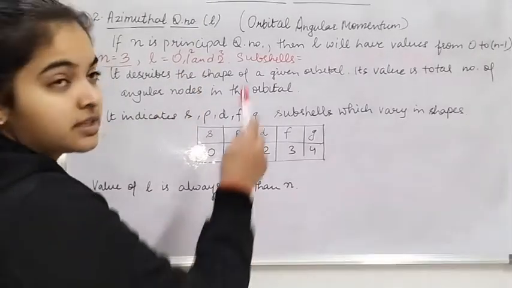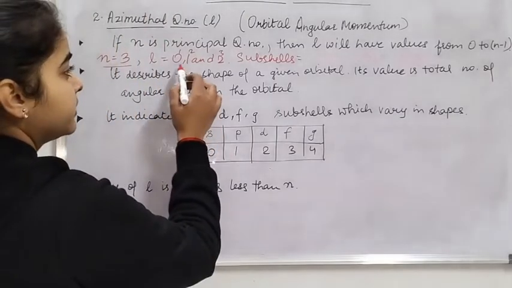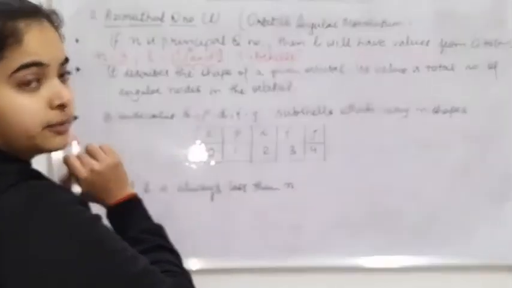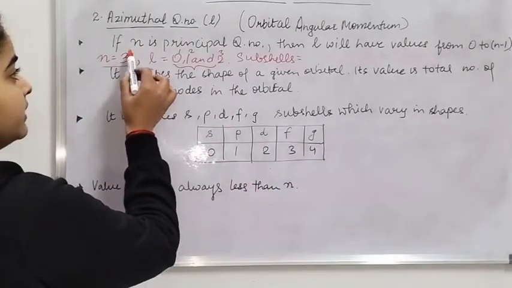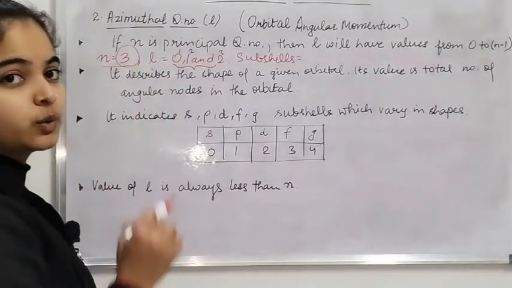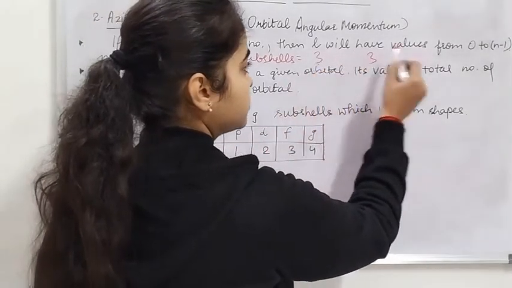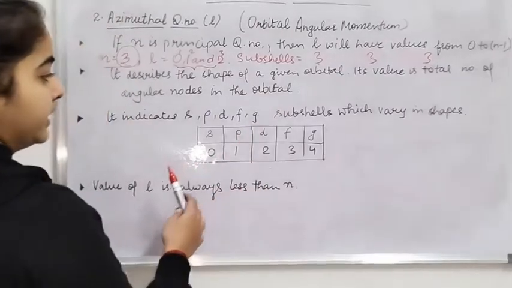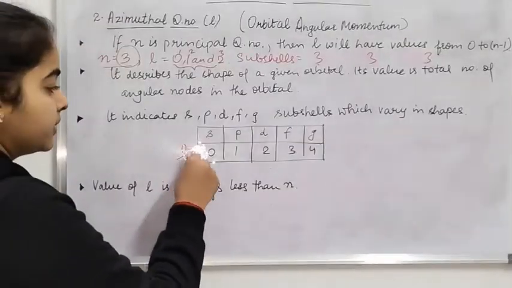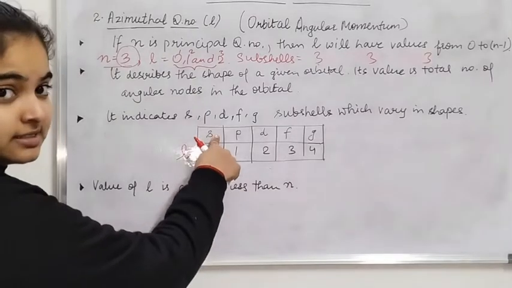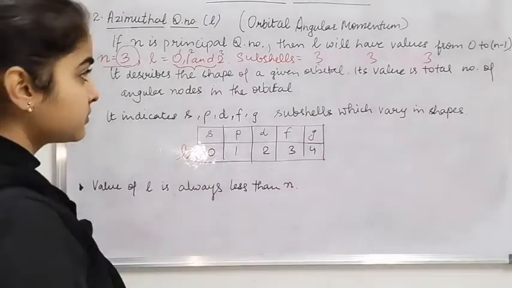And how to find the subshells? Here are 3 values of azimuthal quantum number, 0, 1 and 2. So write down principal quantum number 3 three times, and the value of azimuthal quantum number 0 is against letter S, 1 is against P, 2 is against D and so on.